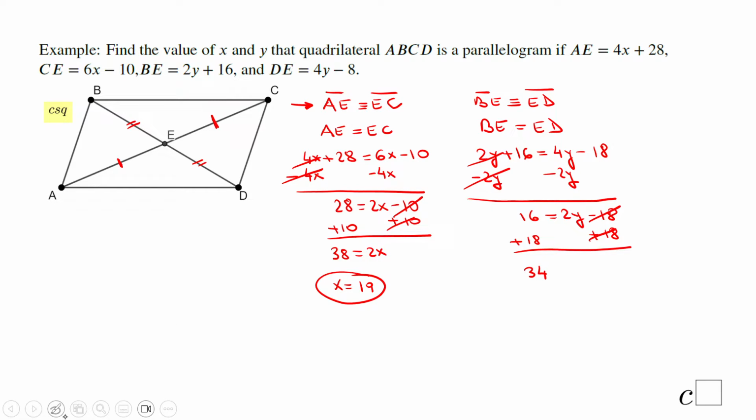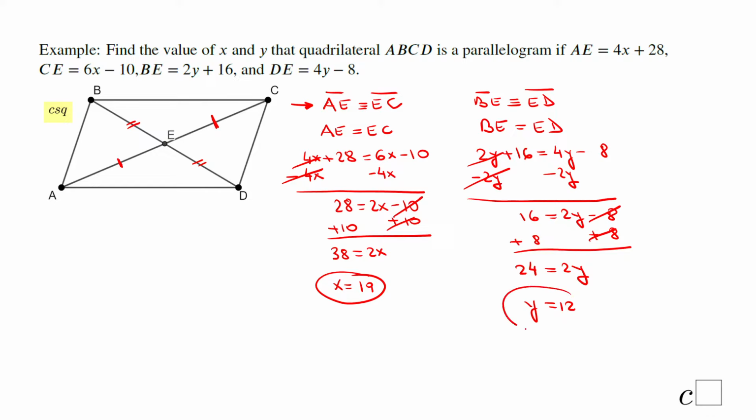And I apologize, this is only 8, not 18. So let's be sure that we do have the correct thing. So this one will be 24 equals 2y, and divide by 2, we have y equals 12.